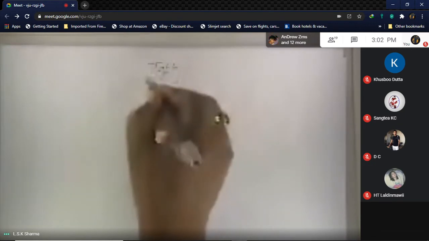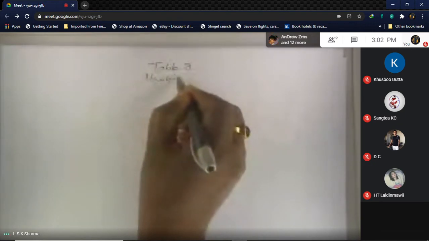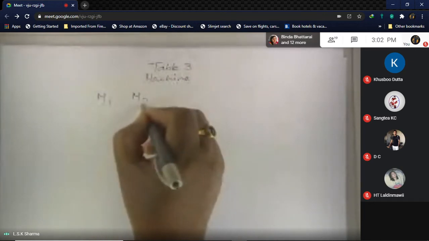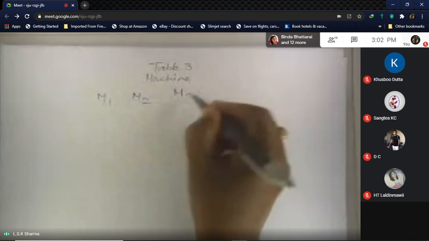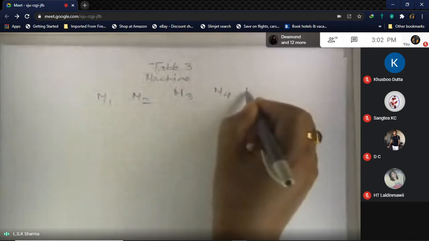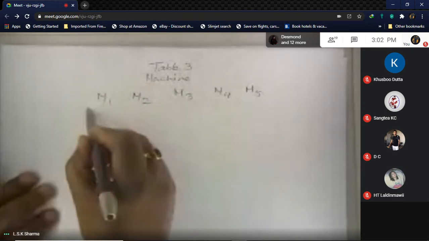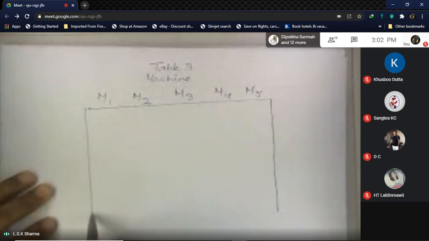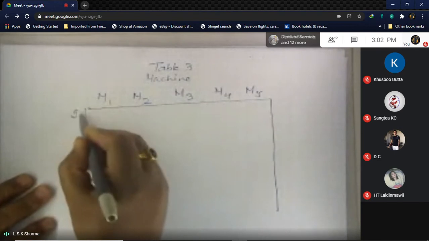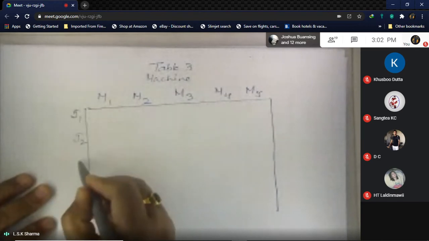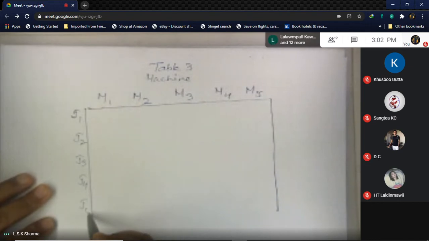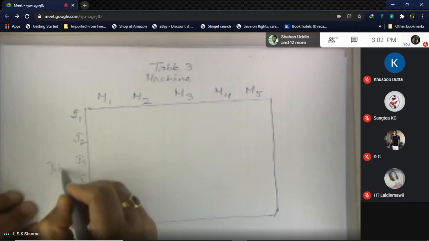Table 3, machine. M1, M2, M3, M4, M5, followed by J1, J2, J3, J4 and J5. J stands for jobs.